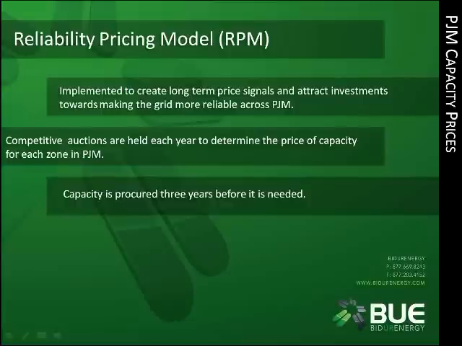Okay, these auctions are held in May, and the zones are based around utilities and their territories. Just for brevity, we'll call it that. Earlier this month, we actually had auctions and cleared pricing, but it was for the 2015-2016 season, 3 years ahead.